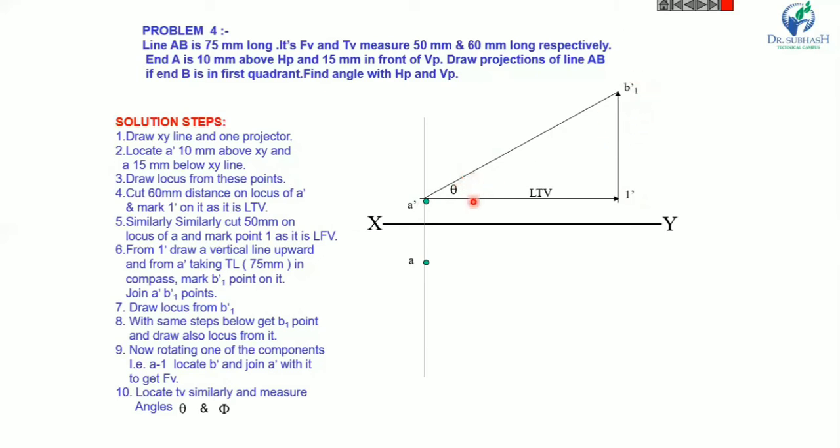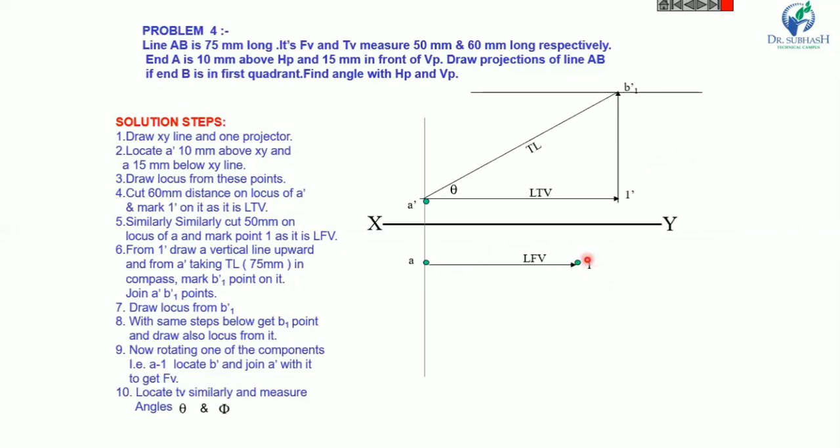So this inclination is theta. Now draw locus from point B1 dash. This is the true length. Similarly, from point A, draw a horizontal line of 50 mm length, which is front view length.